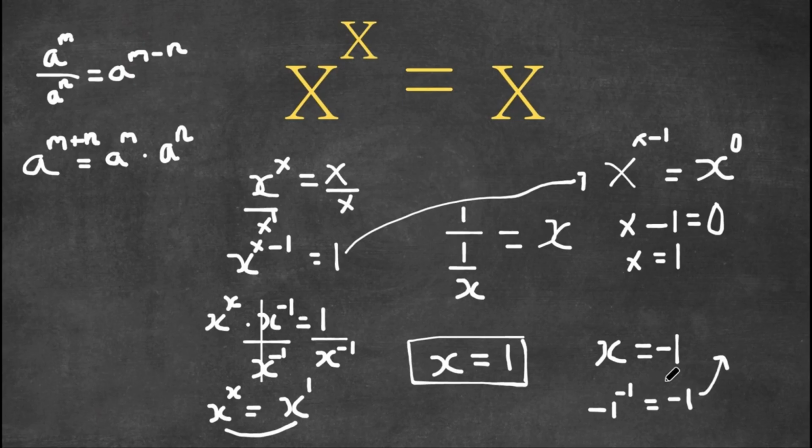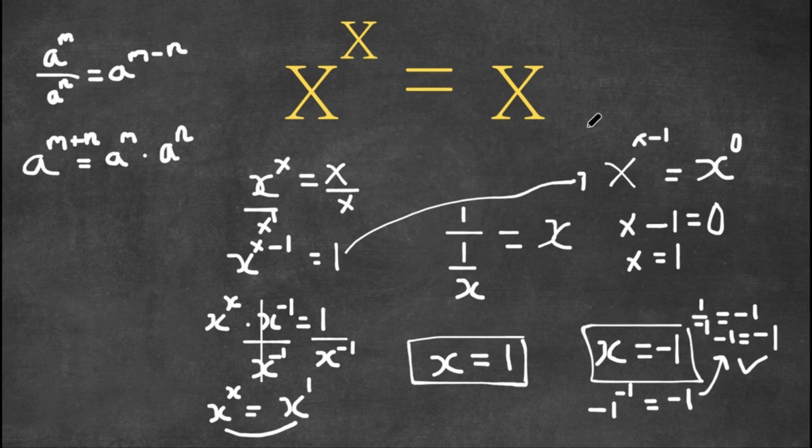Well, negative 1 to the power of negative 1 is simply 1 over negative 1, and this is equal to negative 1. So negative 1 equals negative 1. So this is right. x equals negative 1 is also a solution to this equation.